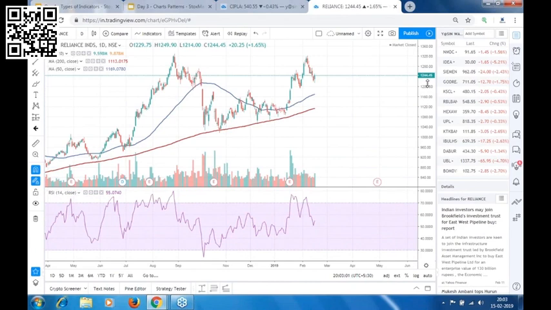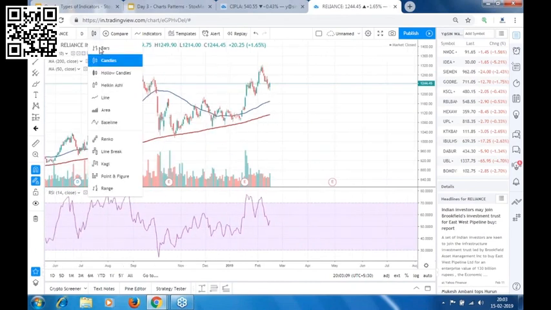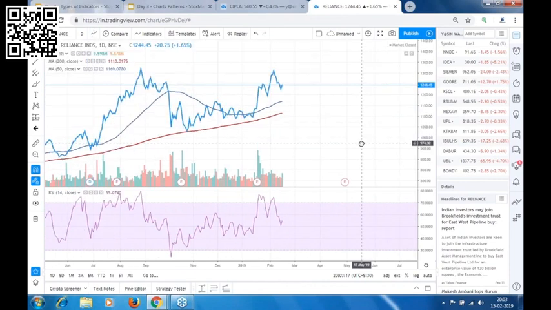Now, negative divergence means that, as I told you, RSI is an oscillator. It moves along with the price. If the price is making higher highs, RSI will also make a higher high. But if the price is making a lower low, then RSI will also make a lower low.